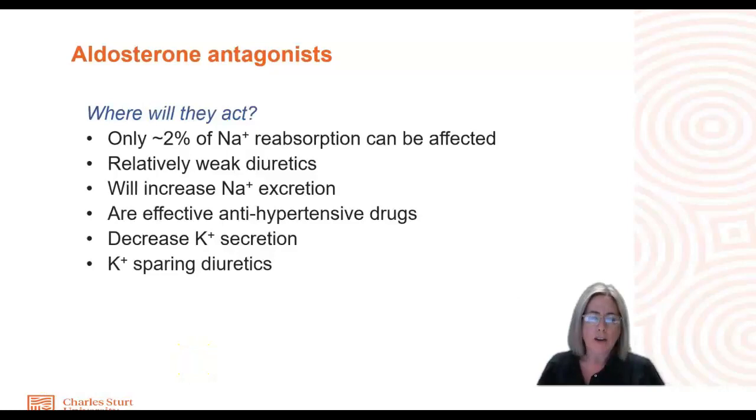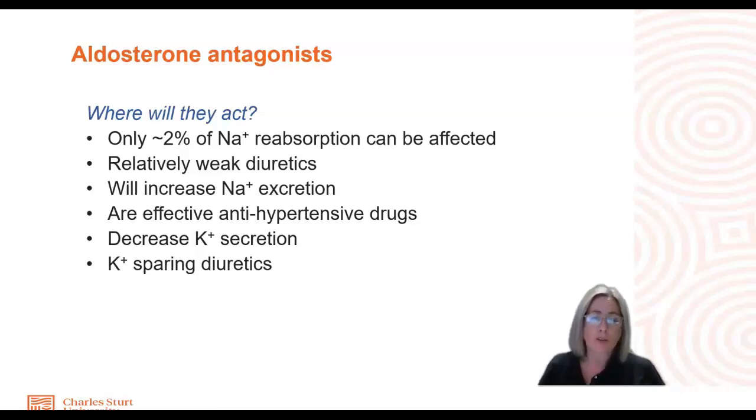So these drugs are acting on the intercalated cells of the collecting duct, where only 2% of sodium reabsorption can be affected. So these are relatively weak diuretics. However, they still will increase sodium excretion. They are effective antihypertensive drugs.